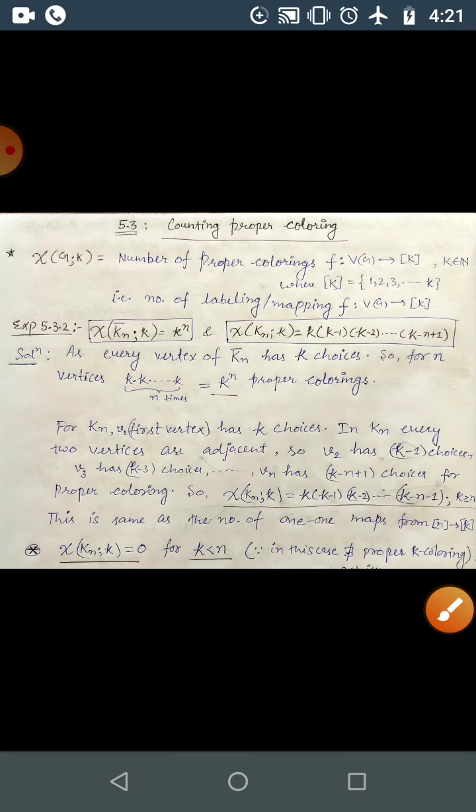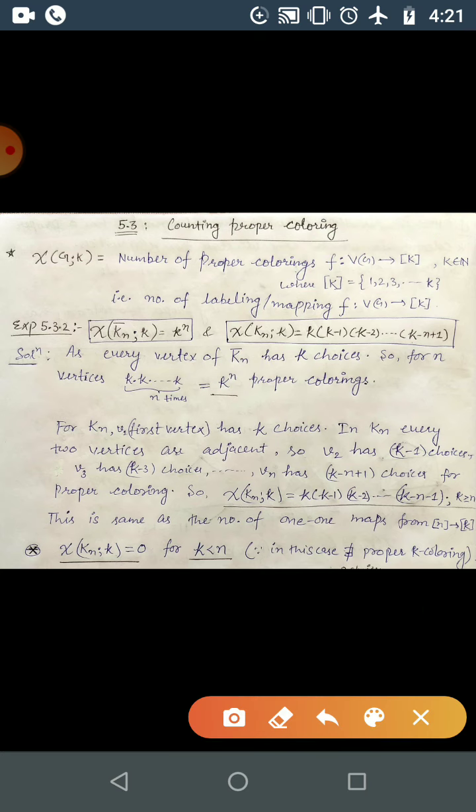And here χ(G; k), this representation counts the number of proper colorings whenever k colors are given. So the number of proper colorings.